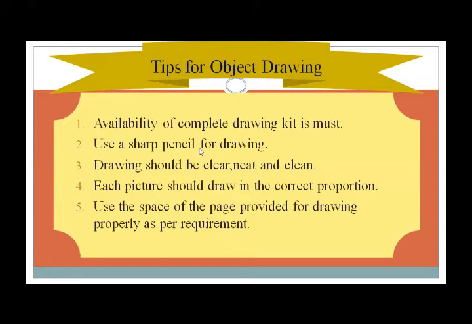You must have a sharp pencil for drawing. Drawing should be clear, neat and clean. Each picture should be drawn in the correct proportion, which means correct measurement. Use the space of the page provided for drawing properly as per requirement. It means the space of the page given to you, you will follow it and use it carefully.